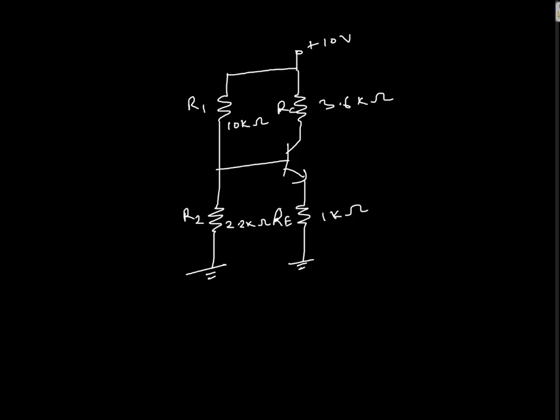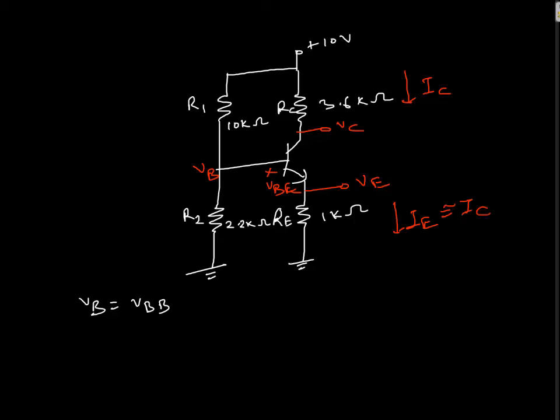Operating point means we need to find out the value of IC and VCE. So as per the previous analysis, we can directly conclude VB or VBB. In the diagram, this voltage is VB, this voltage is VBE, this voltage is collector voltage VC, this is emitter voltage VE, this is the collector current IC, and this is the emitter current, which is also equal to collector current by considering IB as 0. This IB equals 0 means approximate analysis, we are going to use it.